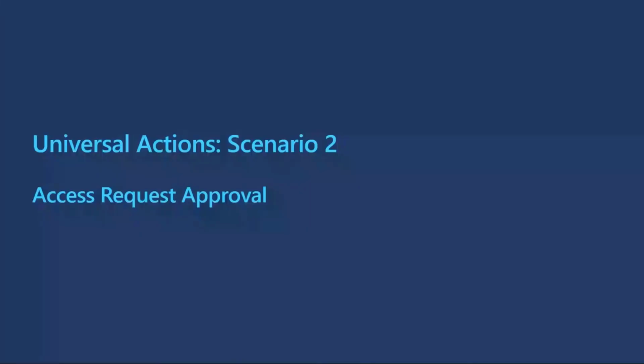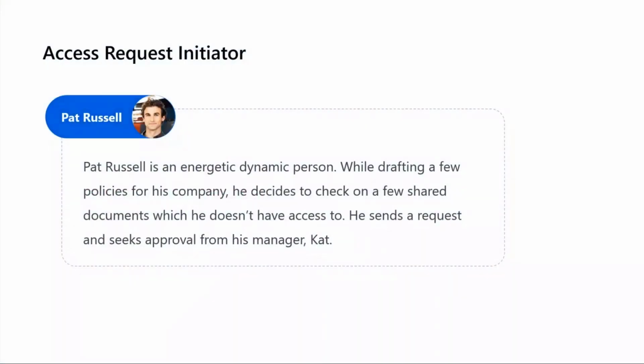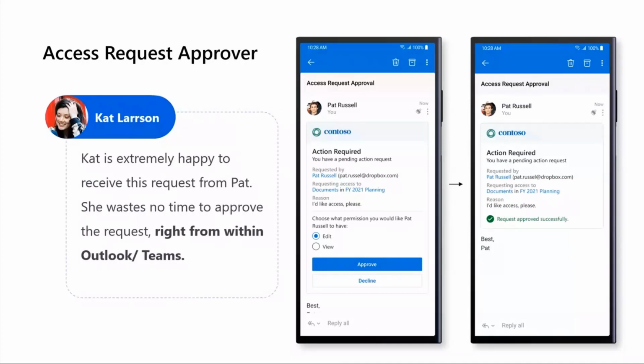Now we have another scenario around adaptive cards that talks about access request approvals. Pat is again working on a project and realizes that he doesn't really have access to a necessary document, and hence he requests his manager Kat to provide him the requisite approvals.